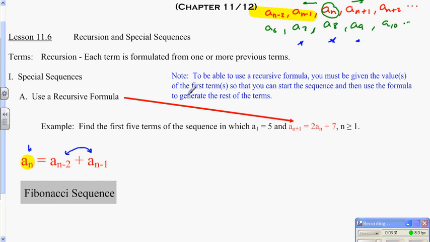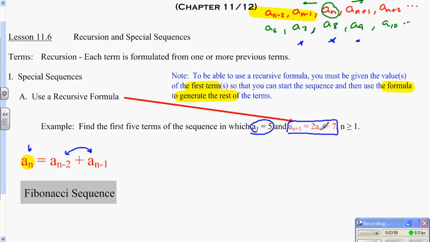And you can have many different types of algorithms, but some key things are to understand that to be able to use a recursive formula, you must be given the first term to start the sequence, and then the formula to generate the rest of it. So here we have an example, and it tells us that our first term is 5. And here it tells us what the algorithm is.